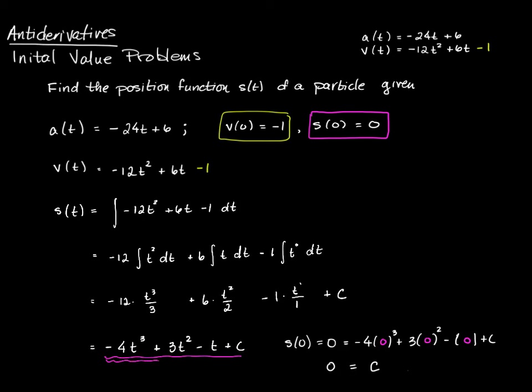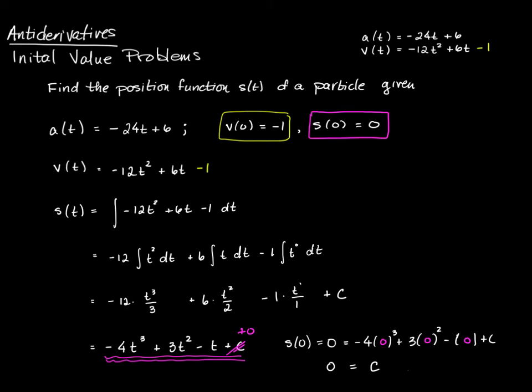Where before I had my position function written as a family of functions, I can now take this version of the function and rewrite it with the now known value for c. It turns out that c is 0, so this is going to be plus 0, which of course I don't actually need to write.